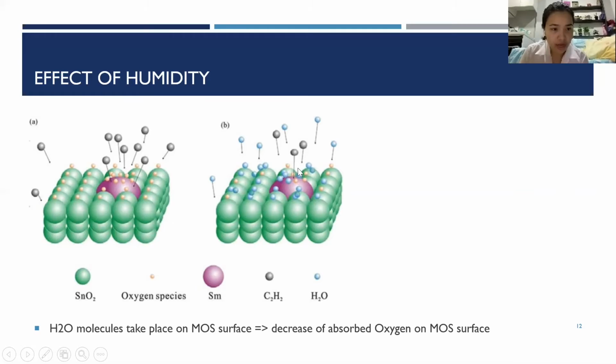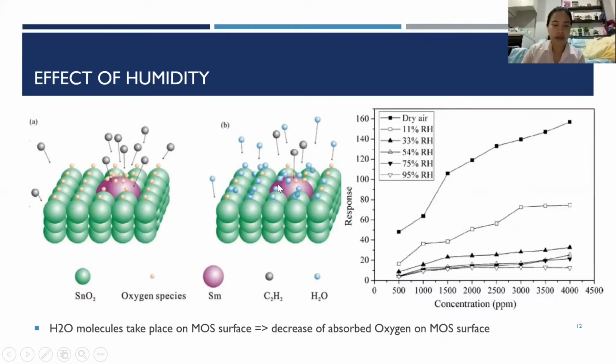It means there are fewer positions for the target gas to contact with the oxygen. And in this graph, you can see that in a high humidity environment, it will have a lower response than in a dry air environment.